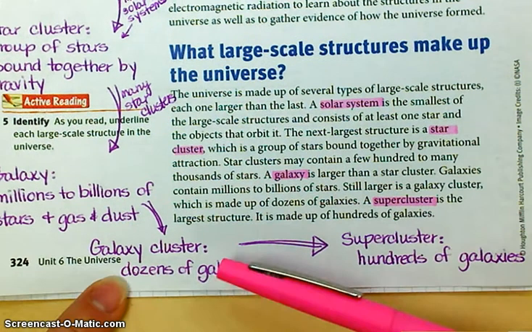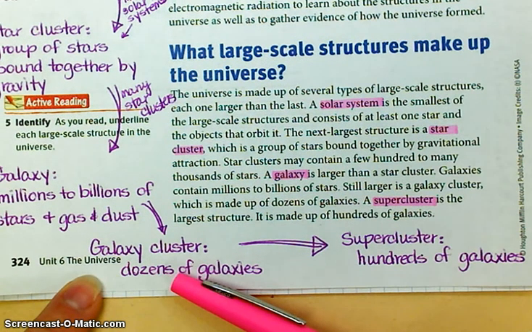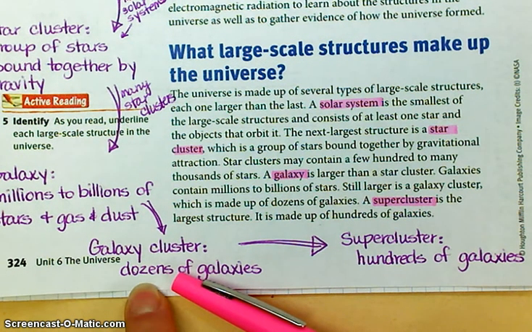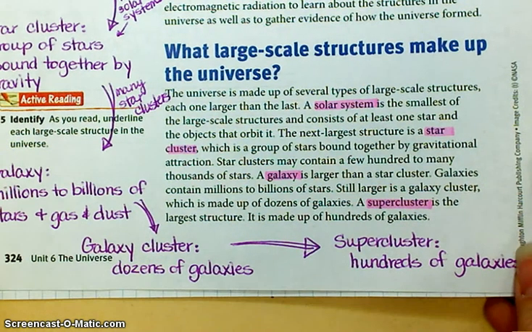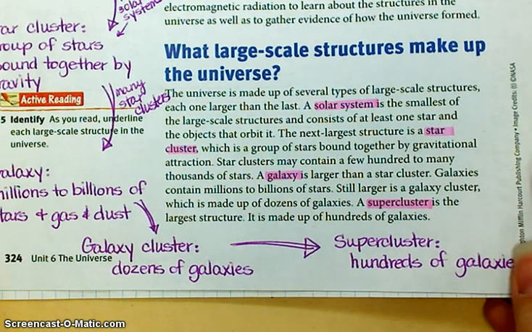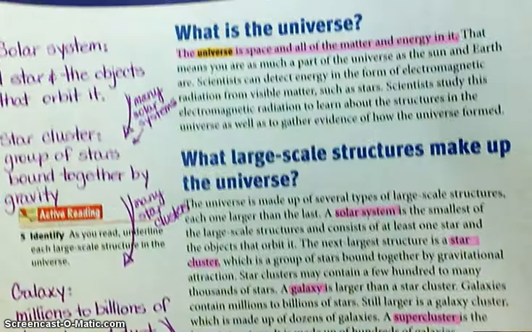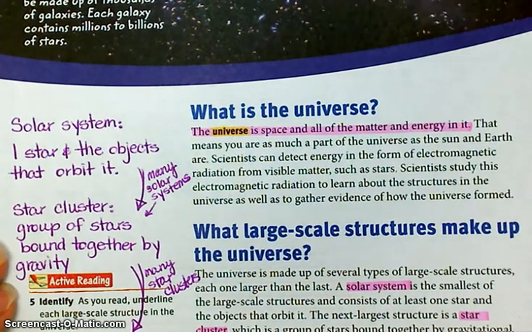Galaxies may be grouped together in small clusters, just called galaxy clusters. And then many small galaxy clusters may be grouped together into superclusters. Okay? But the primary unit that exists in the universe are galaxies.